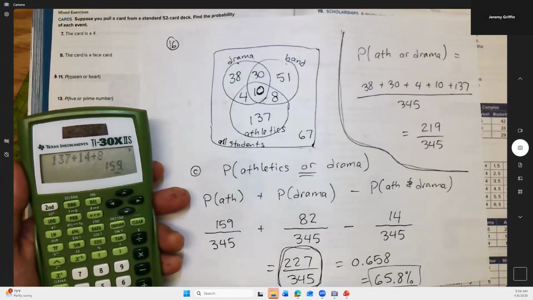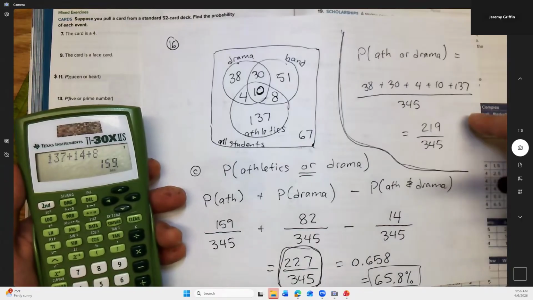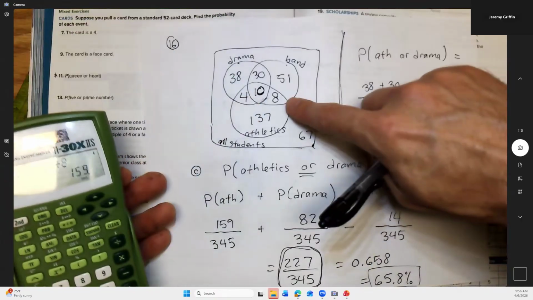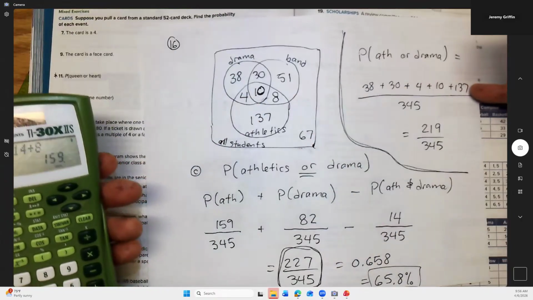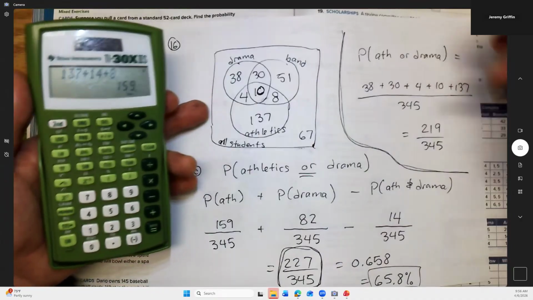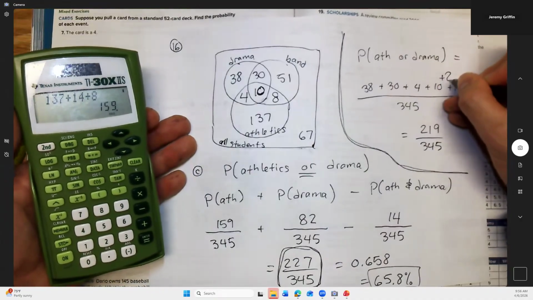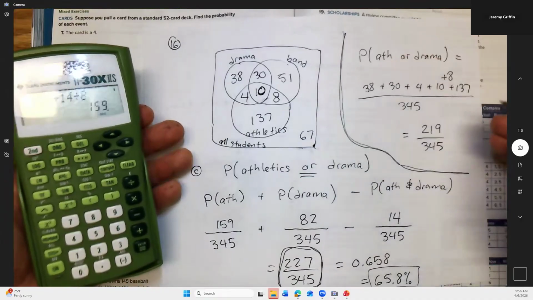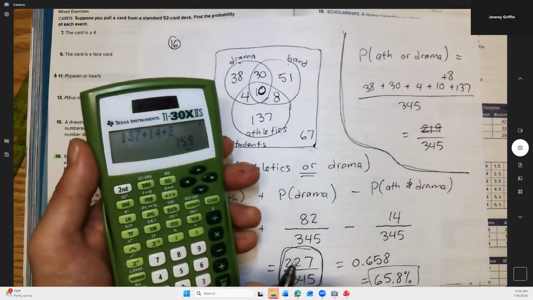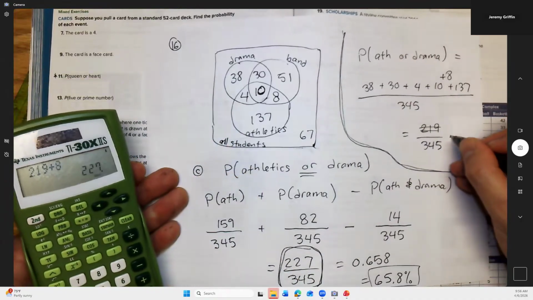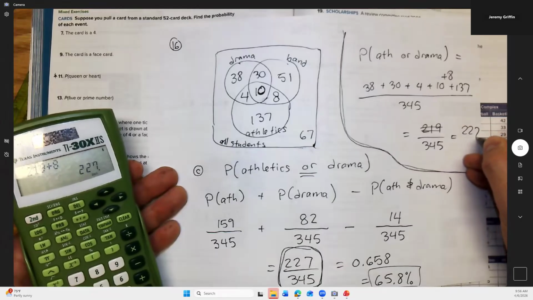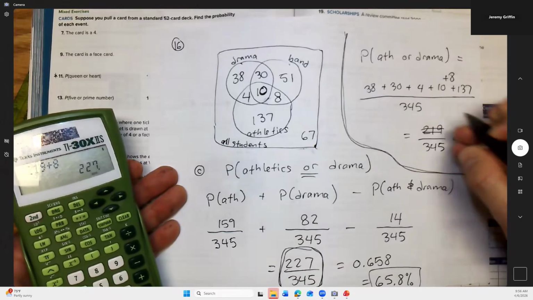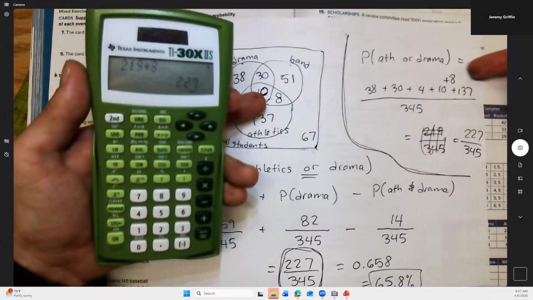Let's see. No, I see what it is. It is these 8, but that's my most recent calculation. So I missed some. 1, 2, 3, 4. That's what it is. Because I need to add 8 up here. Oops, I missed these 8 guys who are in athletics. So that changes this 219 plus 8. There we go. It is 227. 227 out of 345. There we go. I just missed those 8 students right there.